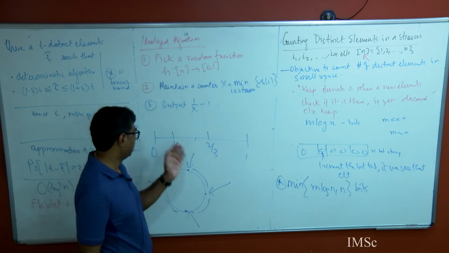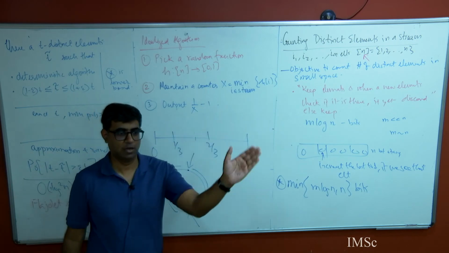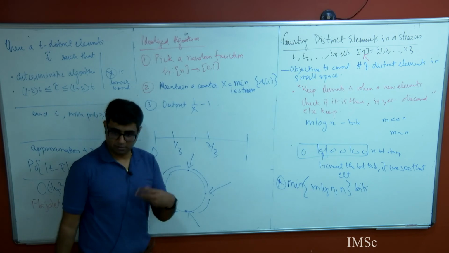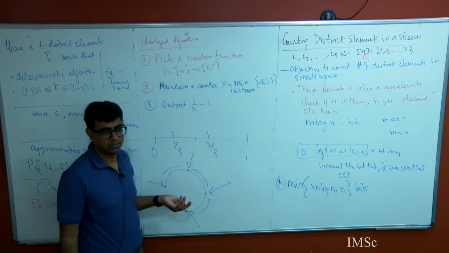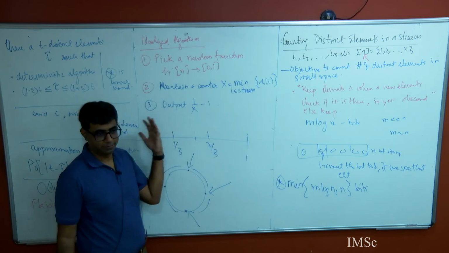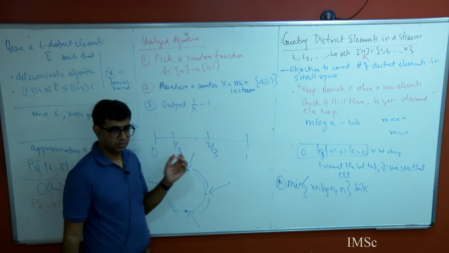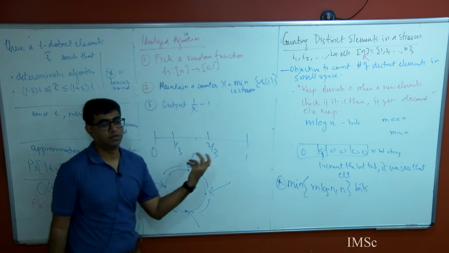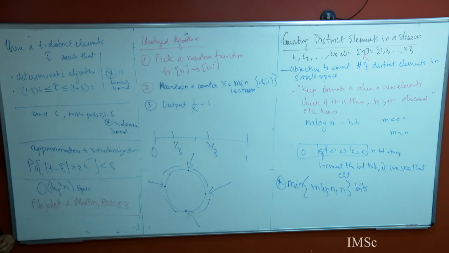If I had 4 numbers, you were going to make it 1/4, and so on, then that minus 1 gives me the number. Of course, we need to do analysis and everything, but that's the intuition, that a random function has all these good properties. So x is a random variable which is the minimum of t independent uniform 0, 1 random variables.